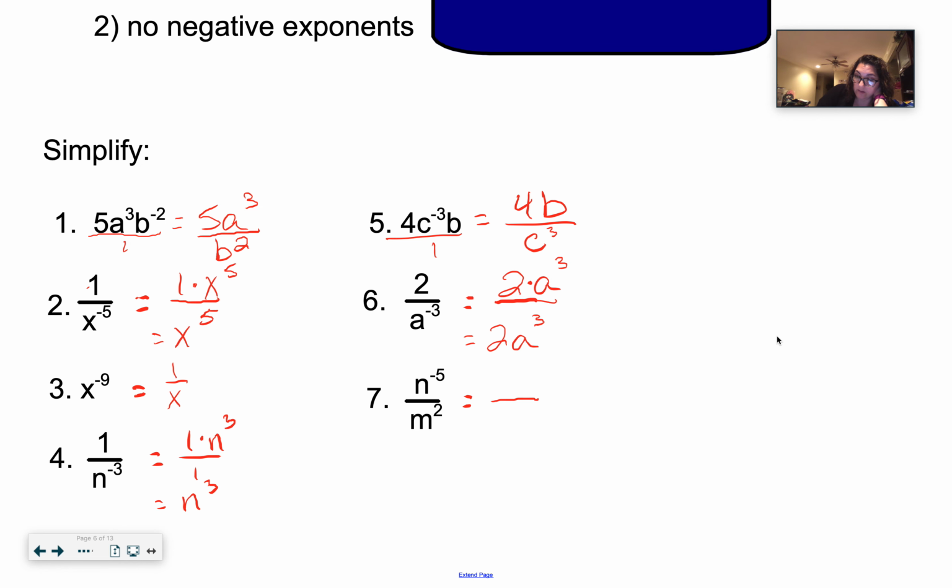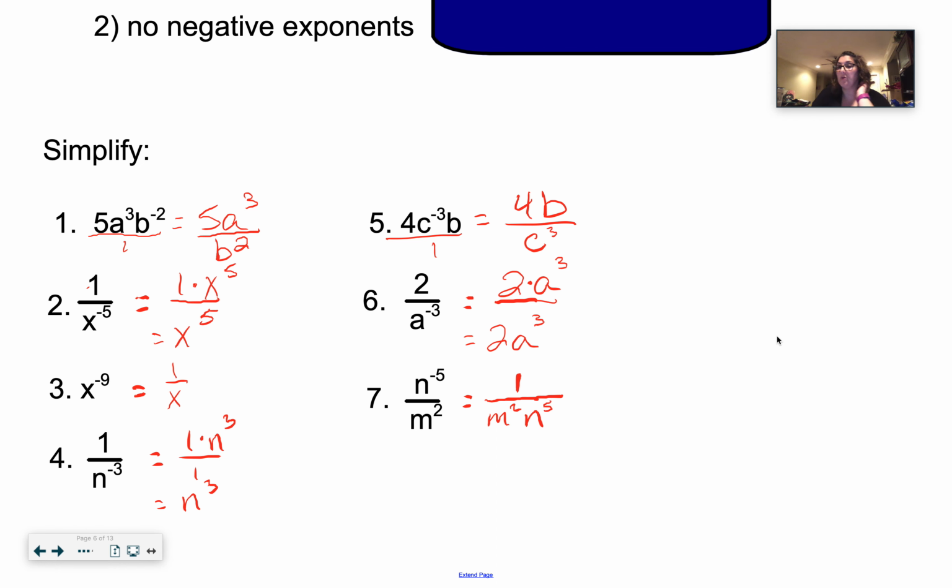So m squared is going to stay there, that's not moving. And then I'm going to bring my n to the positive fifth down. And I can't have an answer like this with nothing on top, so I've got to put a 1 on top of that. So my answer on this one would be 1 over m squared n to the fifth.